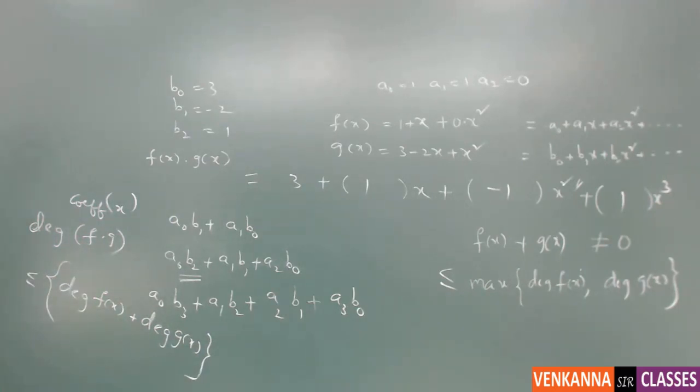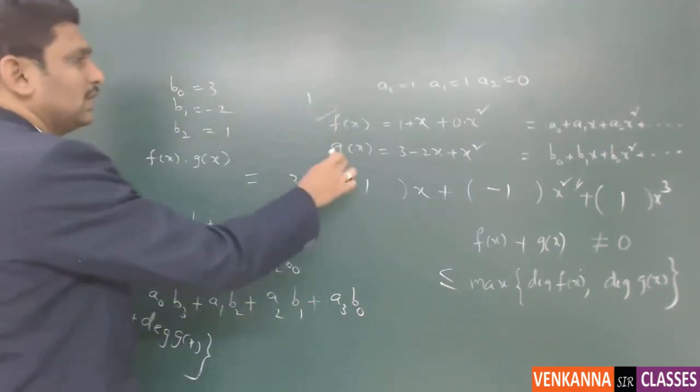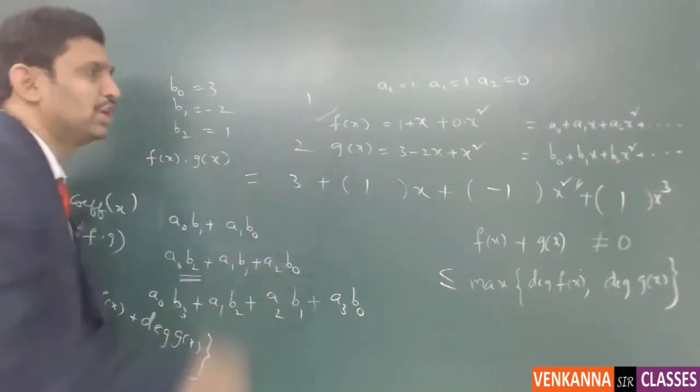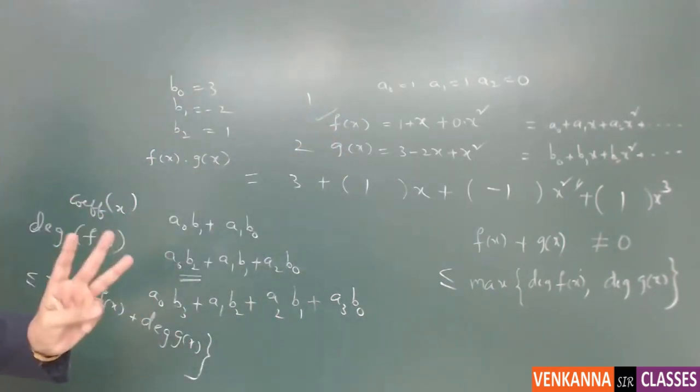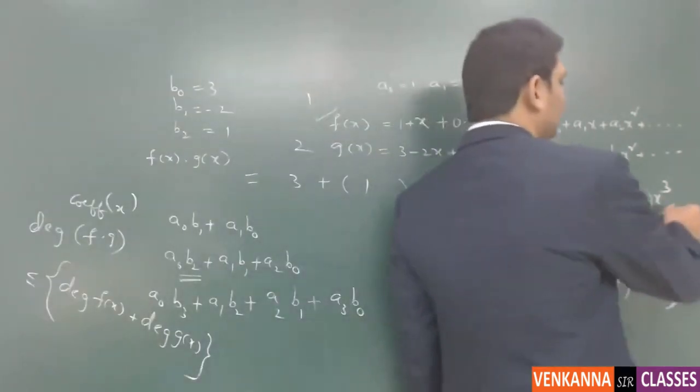So you consider degree of f, degree of g, you add them, you will get a new number. So degree of the product polynomial is less than or equal to that one. So here degree of f is 1, degree of g is 2. If you add, you will get 3. So here you need to calculate the coefficients up to x power 3 value.